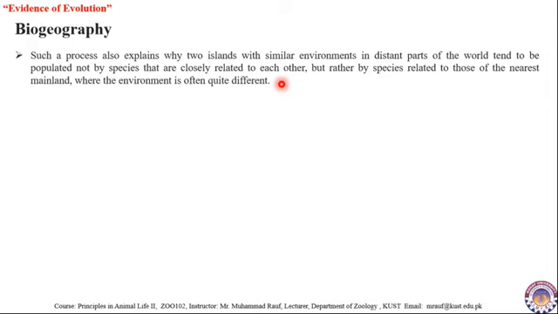The reason is that these areas or these islands have different species residing on the adjoining mainlands, and because the species residing on the mainlands from time to time migrate to the islands, the species on the island tend to look more similar to the ones on the mainland.